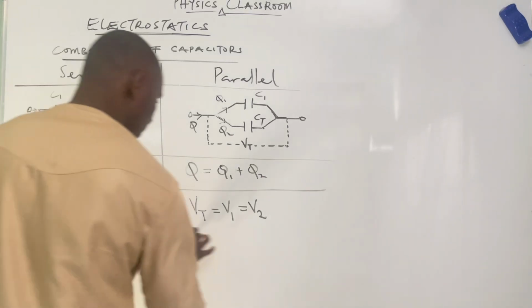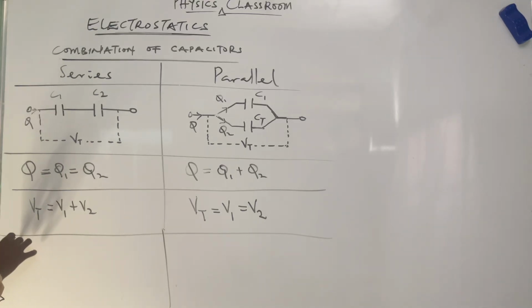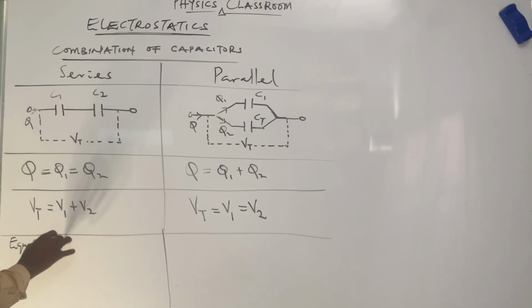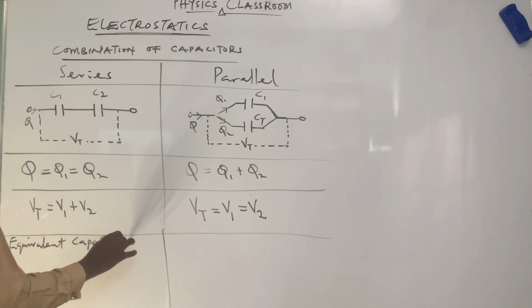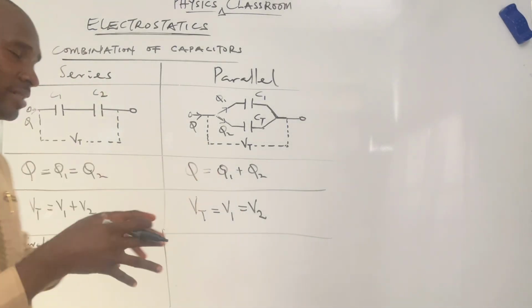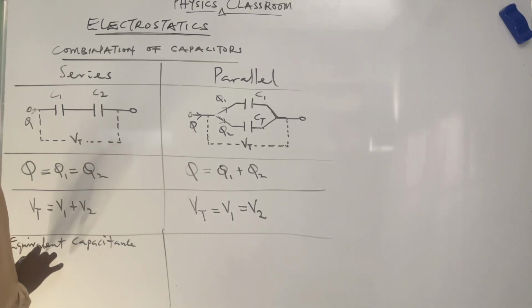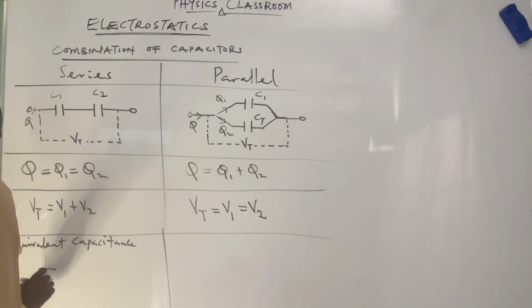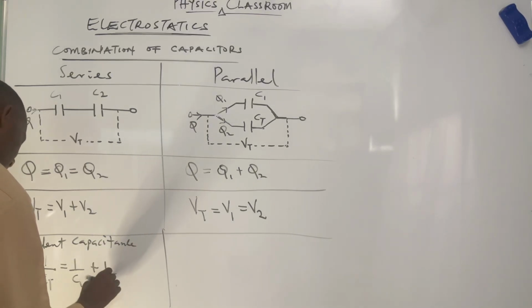Now, that brings us to equivalent capacitance. When the capacitors are combined in series, we use this formula to get the equivalent capacitance. 1 over C total is equal to 1 over C1 plus 1 over C2.